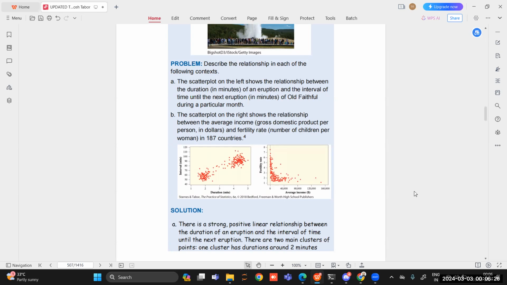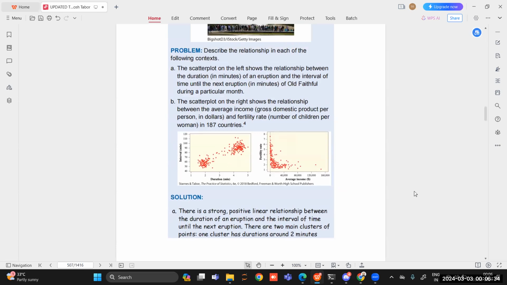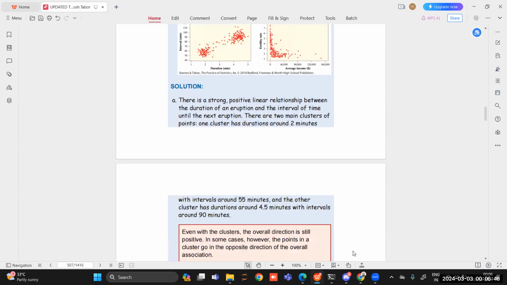Yes, correct. And for the last one, there is a strong negative correlation. Very good. Is the first one linear or non-linear? See, the straight line is linear. Correct. And the second one is a curve, the curve will come, non-linear. Correct. That's good.